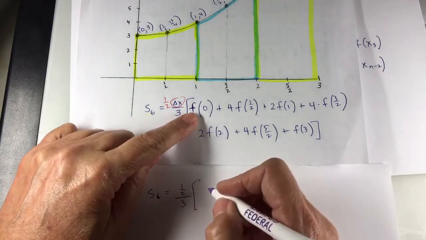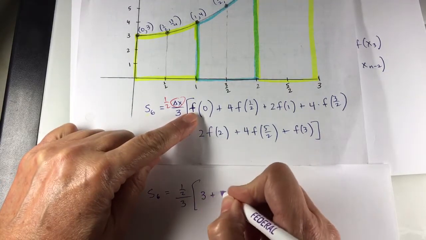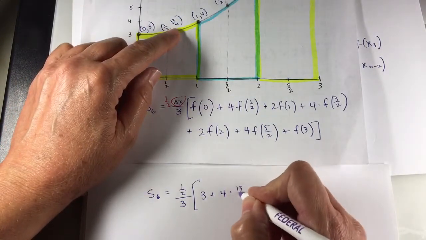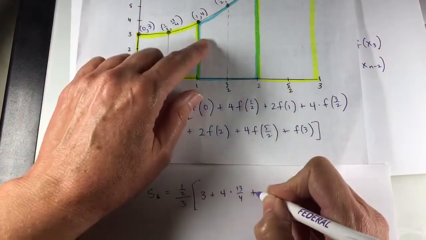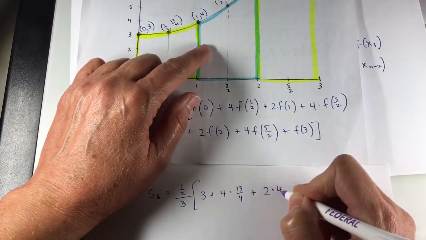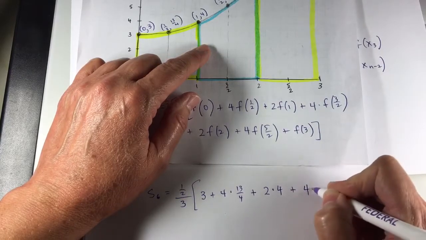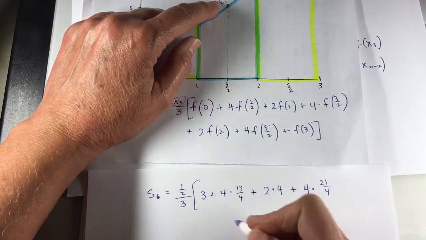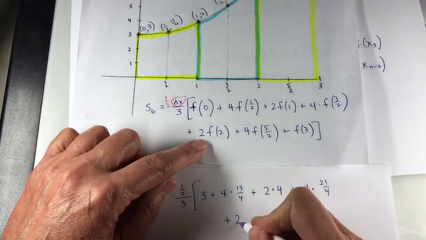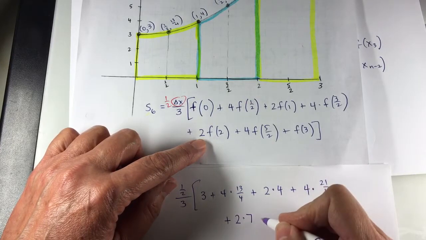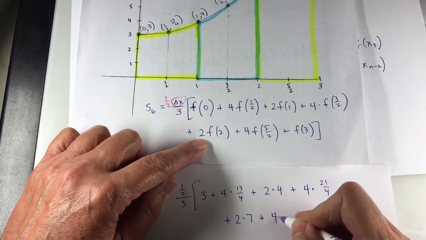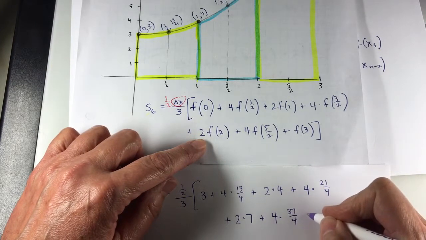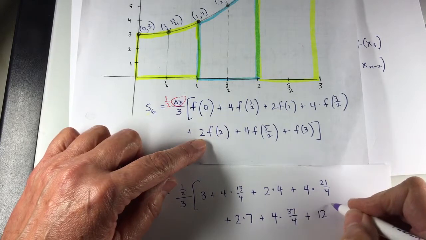So f of 0, that's 3. 4 times f at 1/2, that's 13/4. 2 times f of 1, that's 4. 4 times f of 3/2, that's 21/4. And then 2 times f of 2 is 7. 4 times f of 5 halves. F of 5 halves is 37 over 4. And then f of 3, that's just plus 12.